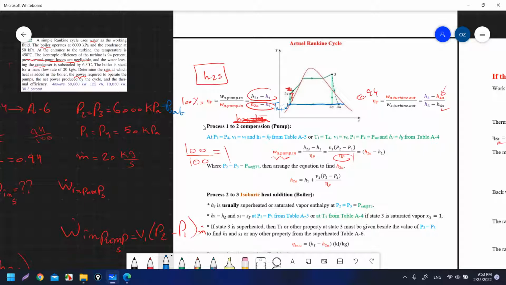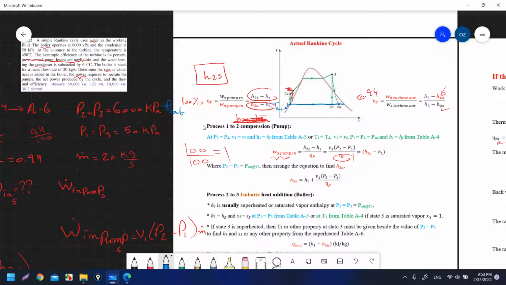They do not depend on each other. So if I calculated state 1, which is subcooled in this question, using the pressure, I will get the wrong number. The same thing is for the superheating: the pressure and temperature are independent.